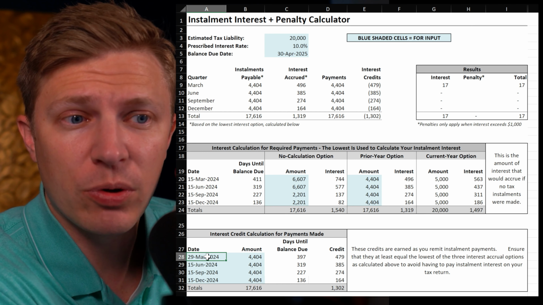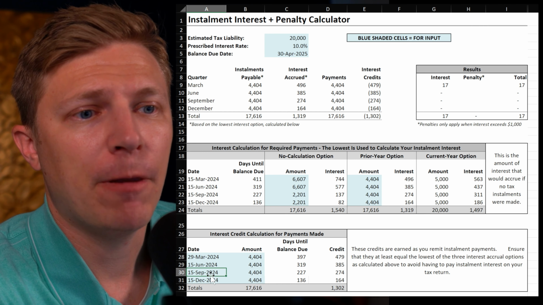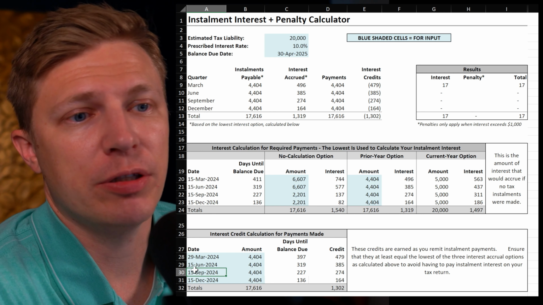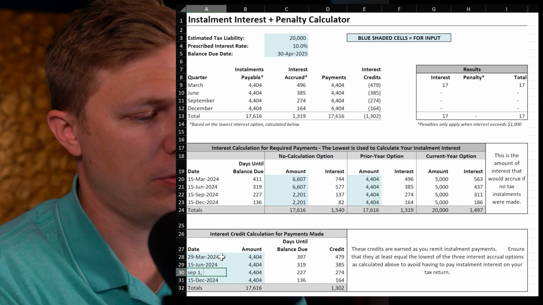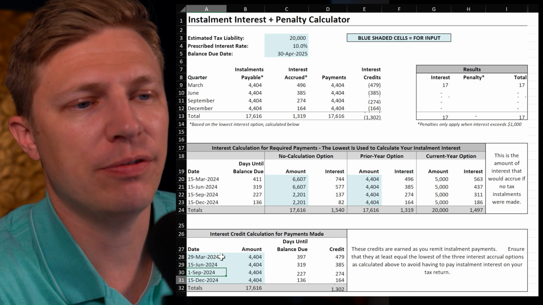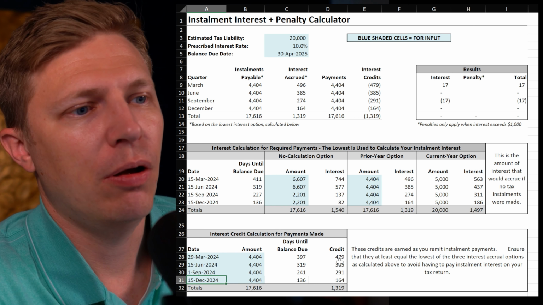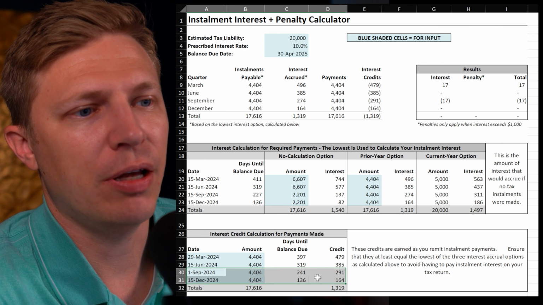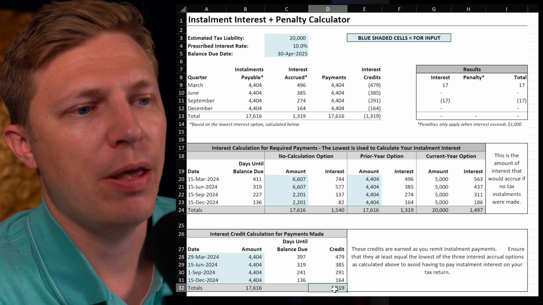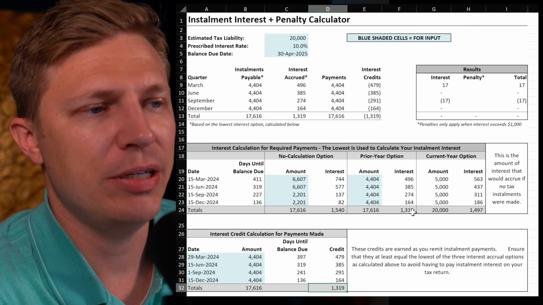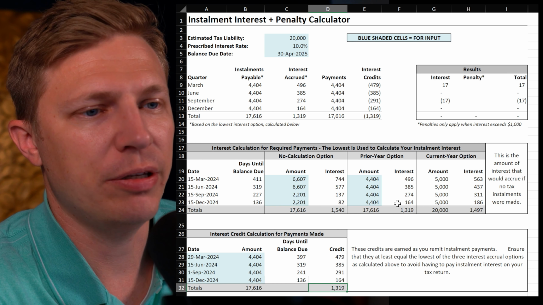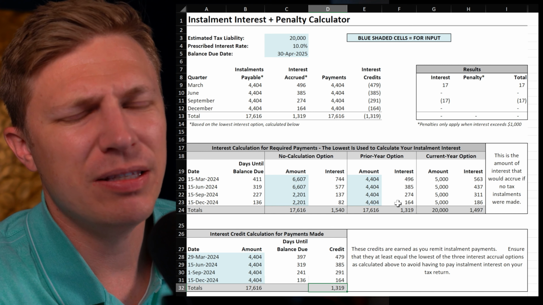So if we were 14 days late here, we could get corrected by submitting any of these 14 days early. So now let's say September 1st instead of the 15th. All of a sudden we've earned more credits on that line item than we had before, and we're at 1319 and we're lined up. Easy fix here.